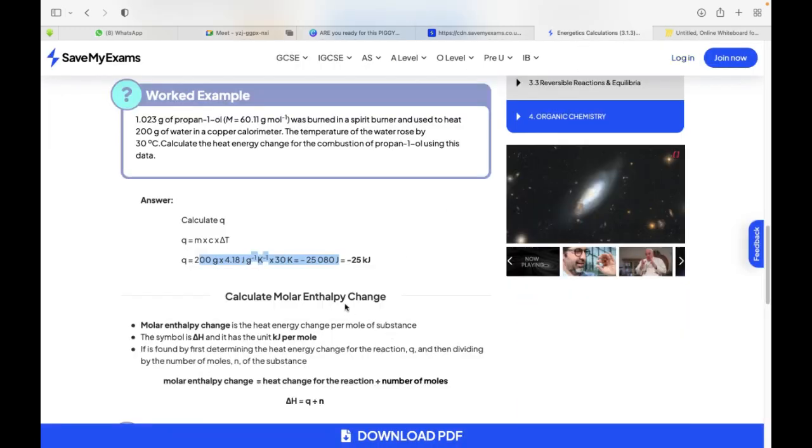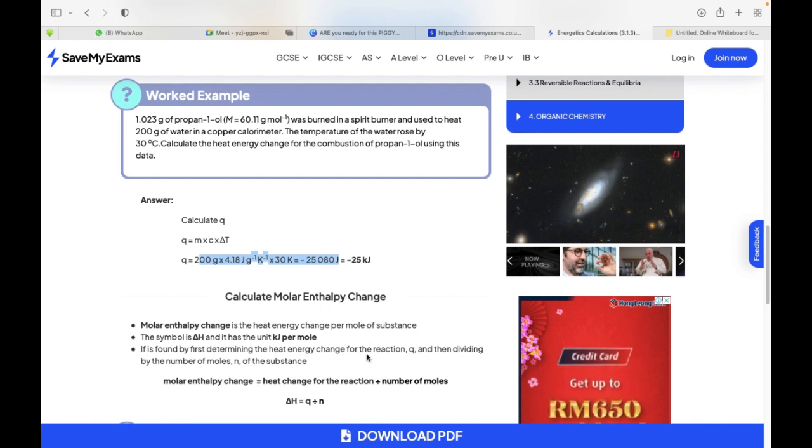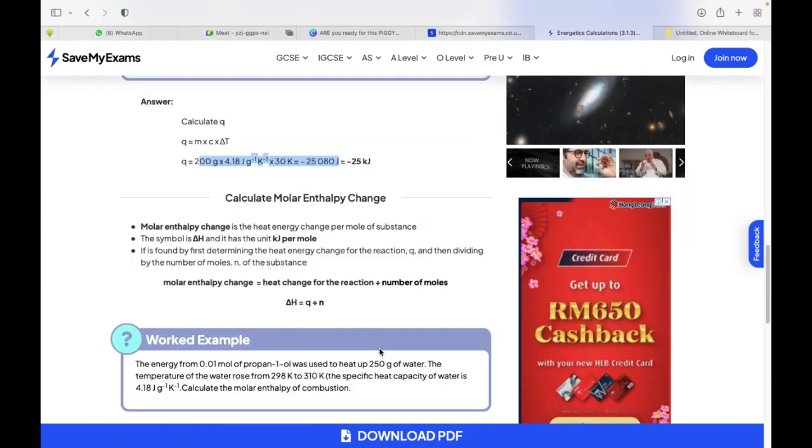Now calculate the molar enthalpy change. How do we calculate the molar enthalpy change? Molar enthalpy change is the heat energy change per mole of a substance, the heat energy change for every single mole.